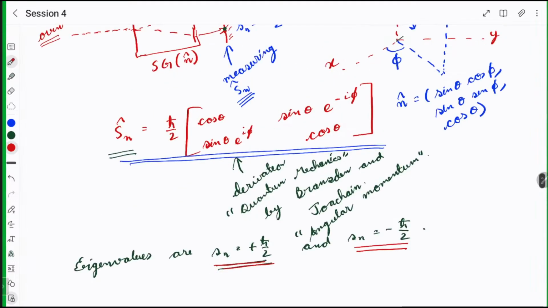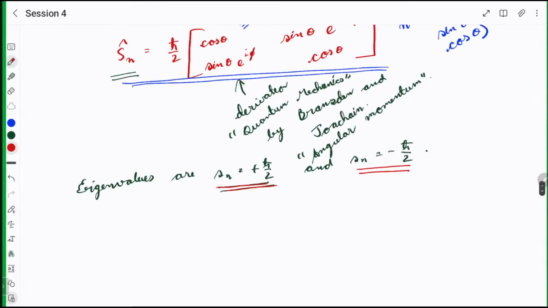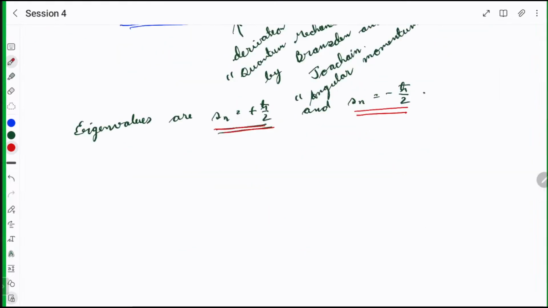Now, corresponding to Sn equal to plus ħ/2, if you find the eigenvector, you can calculate and check again, as I showed you yesterday. You find that this is cos(θ/2), e^(iφ) sin(θ/2).